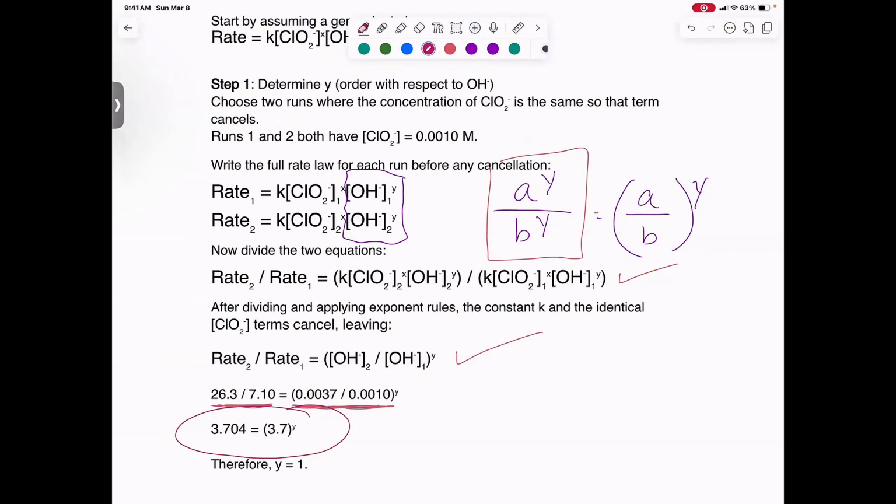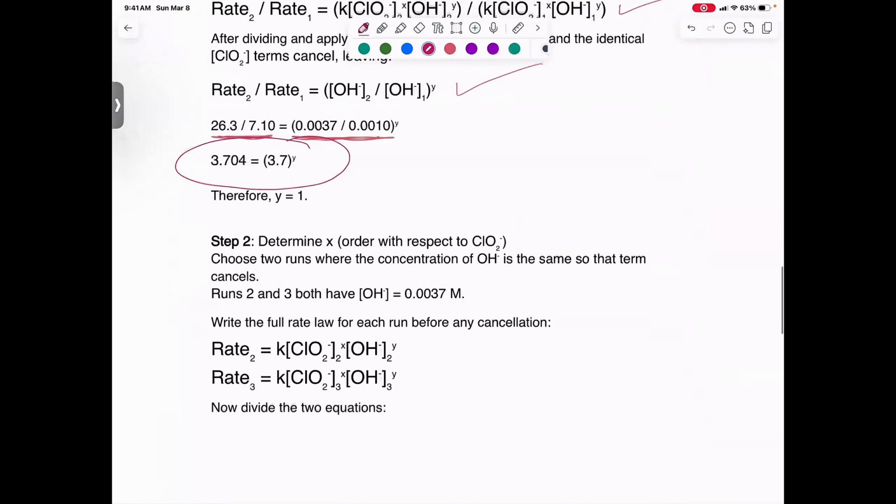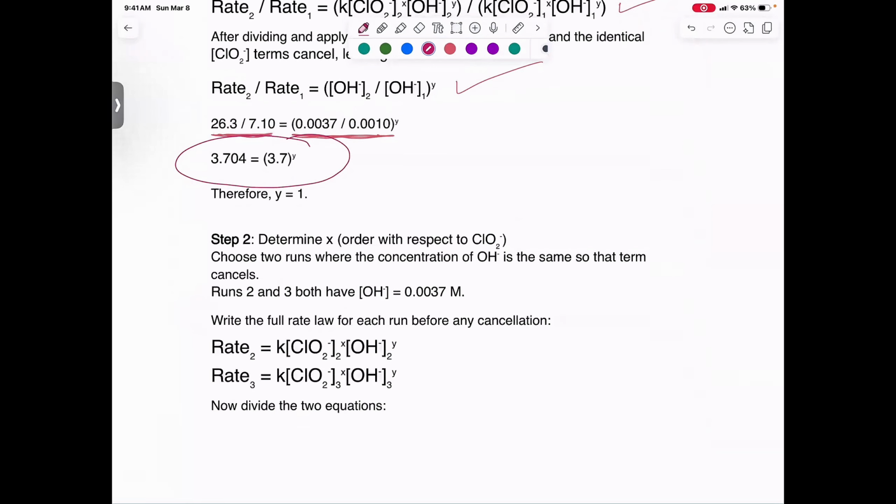So for step 2 you would do the exact same thing, but we know that the hydroxide concentrations are exact in runs 2 and 3, so those are going to essentially cancel out. And then, of course, the K's cancel out. Those are numerically the same.